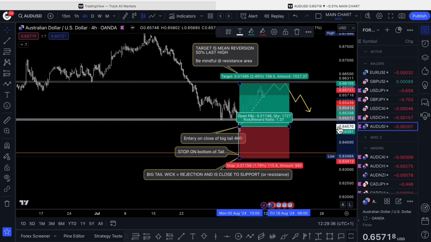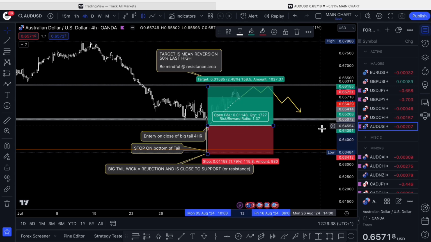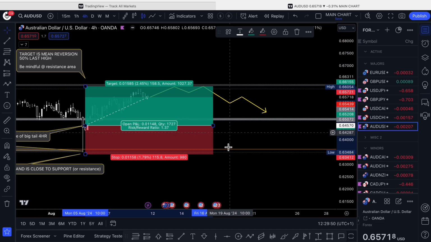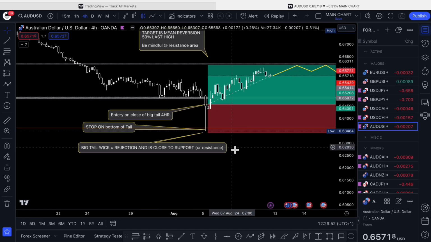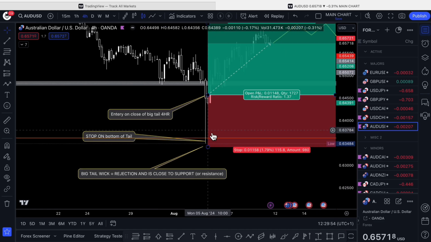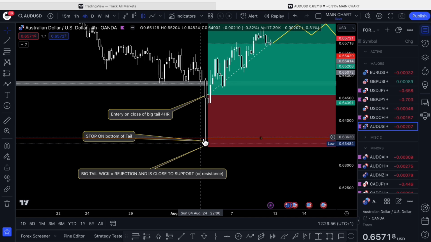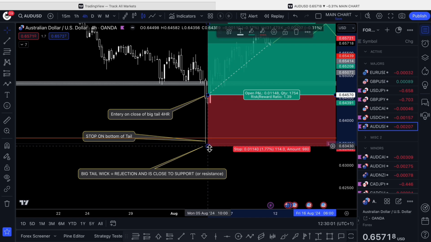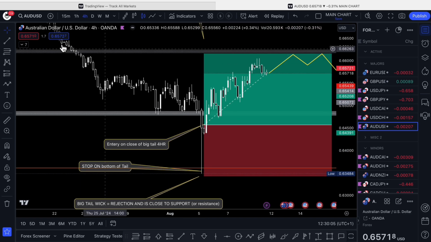So that's our trading strategy in a nutshell. That's how we draw our support and resistance areas. That's how we draw our points of interest. Once we reach these areas, we start paying attention. We look for a big tail on support, or a big wick on resistance, or at a point of interest, which is these orange lines. The stop loss will go below, and the take profit will go to the 50% of our Fibonacci.